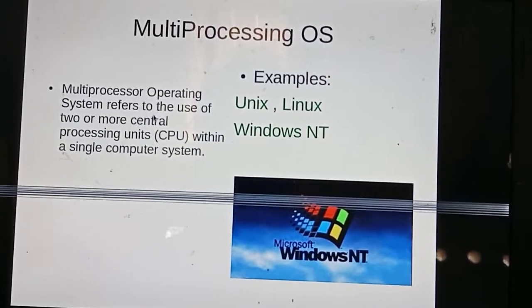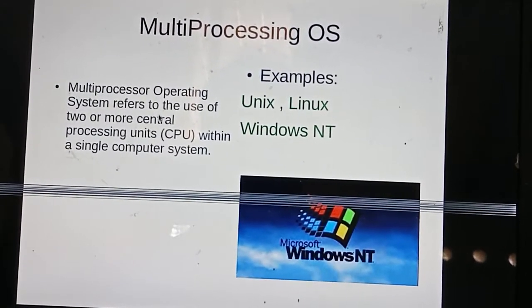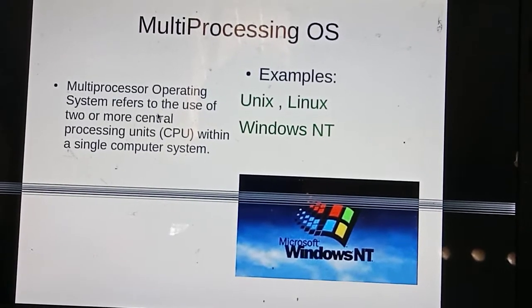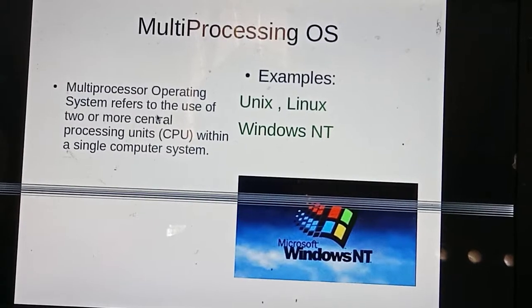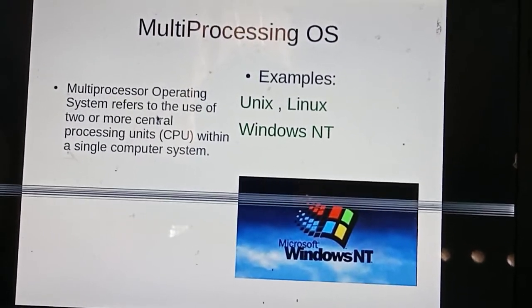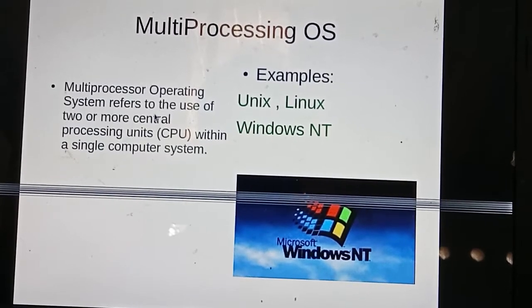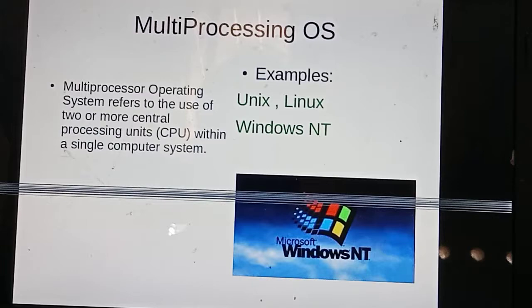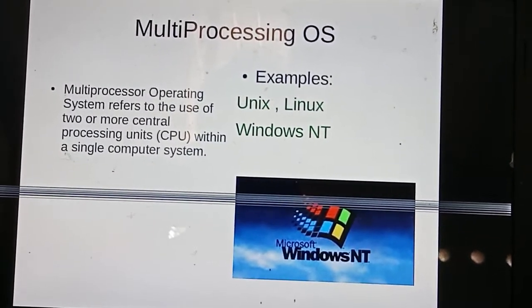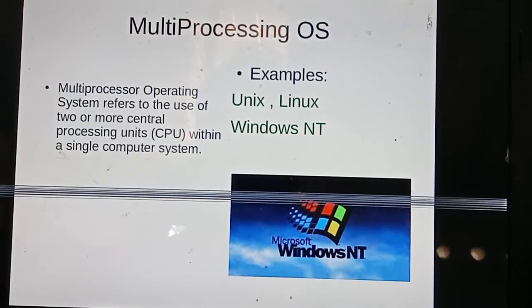Then the multiprocessing operating system. A multiprocessing operating system refers to the use of two or more central processing units. That is, if the computer needs to install a multiprocessing operating system, that computer must have two or more processors. Otherwise, it is not possible.